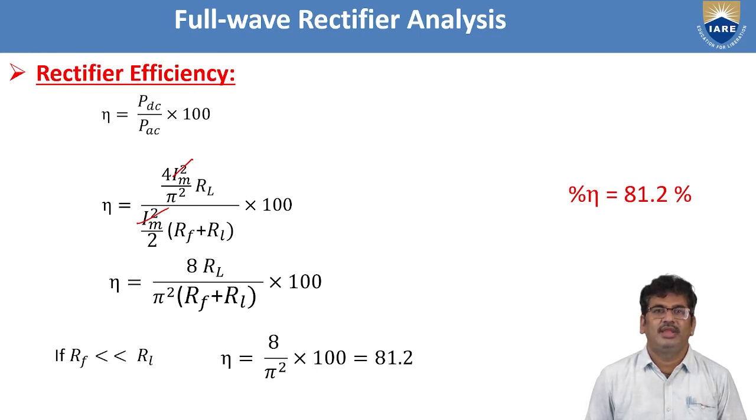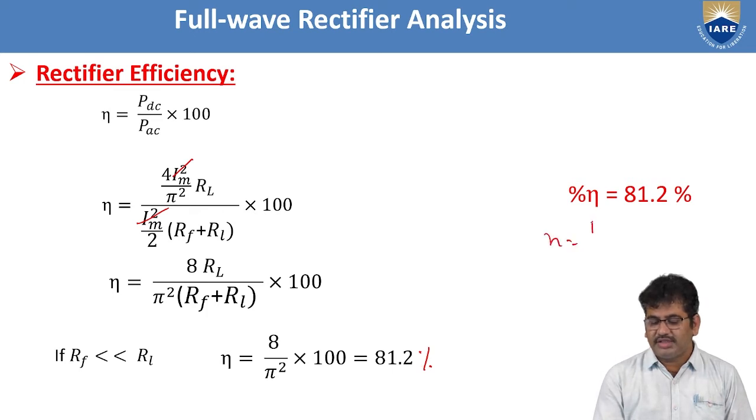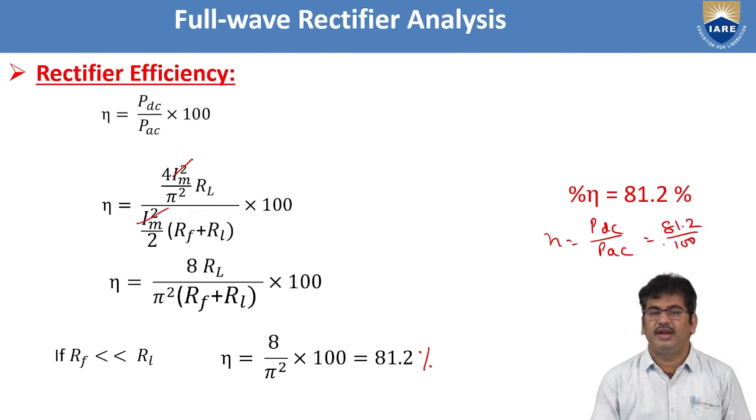Into 100. As the diode resistance RF is much less than RL, the rectifier efficiency eta we can write as 8 by pi square into 100, which leads to 81.2%. So this efficiency is PDC by PAC, which is 81.2 divided by 100.